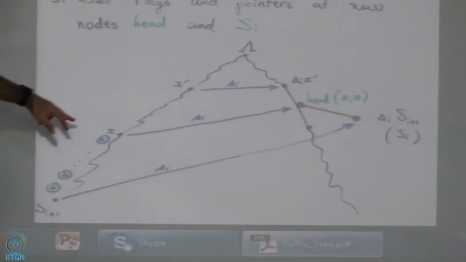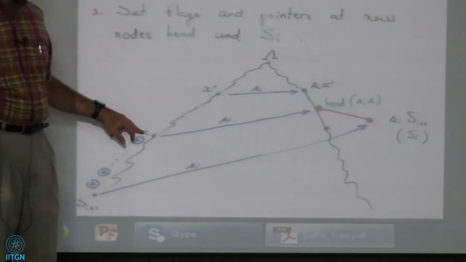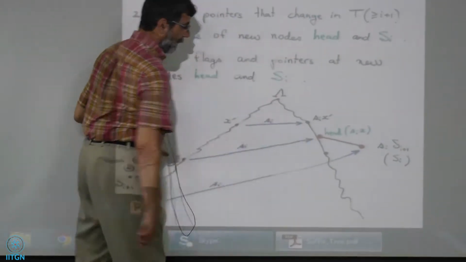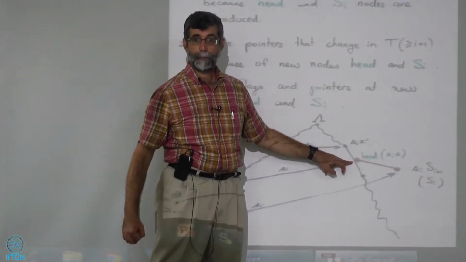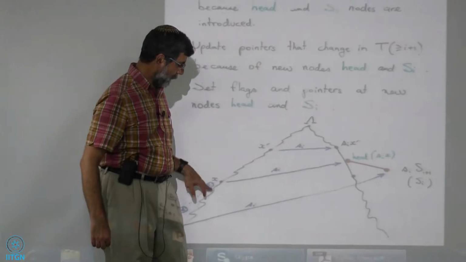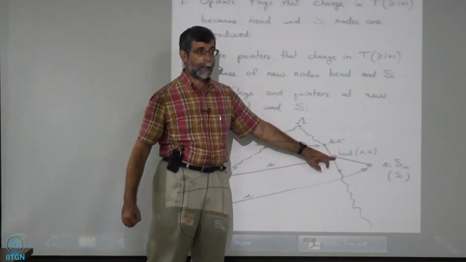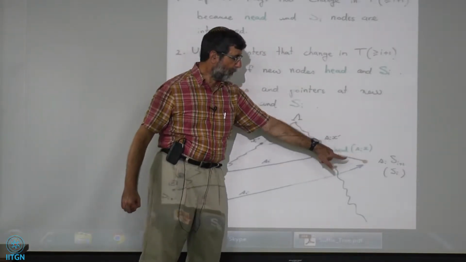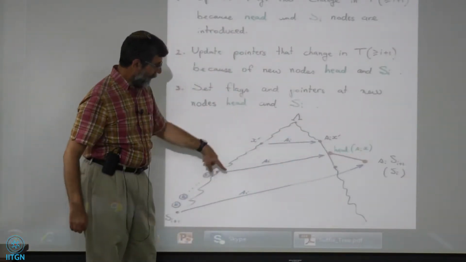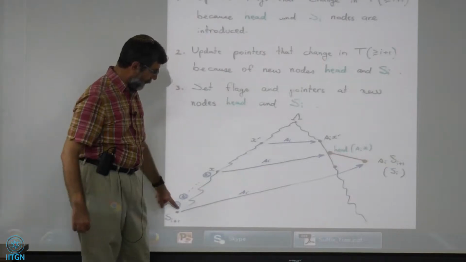Now, X before was a flag, right? Because that's where we broke. But now because we broke it, this flag is going to become a pointer again. So X itself is now going to get an Si suffix link to the new node that was introduced. So the new nodes that were introduced, this guy points to it, and this guy points to it.